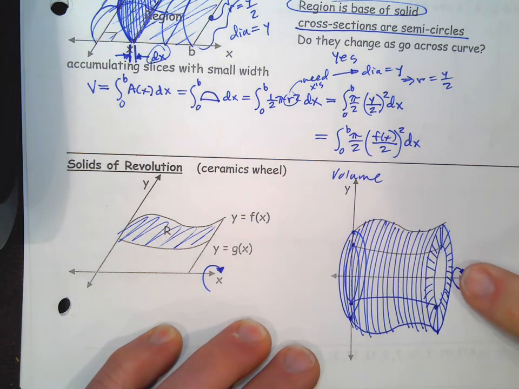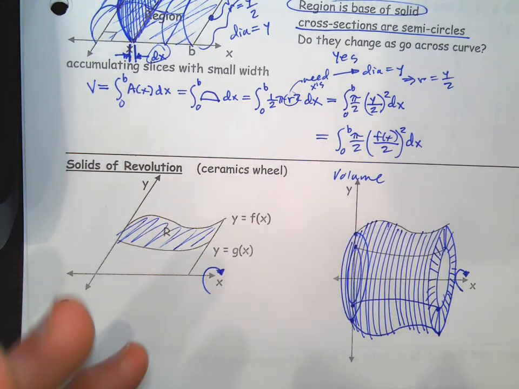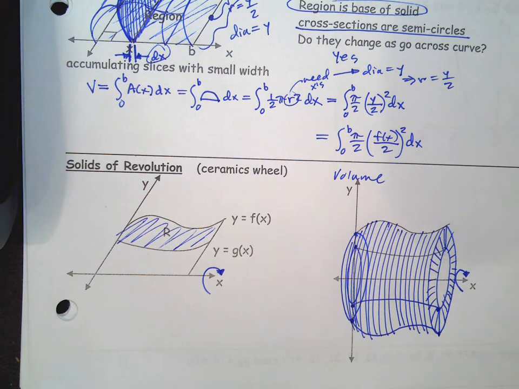You can see you could put something through this hole, right? So we're going to be finding these volumes, and a lot of shapes are created by revolving something around.